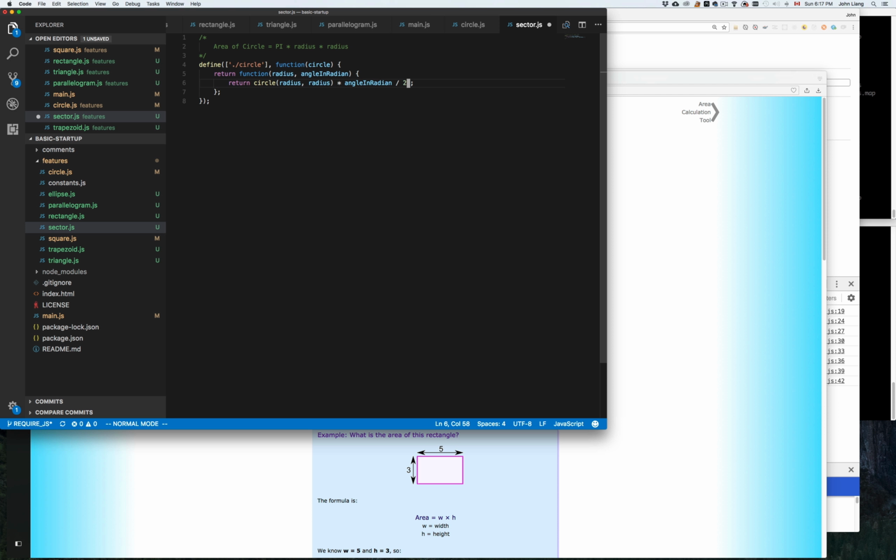So what we got to do is we'll times the ratio. And we need pi in this particular case. So let's load in pi.